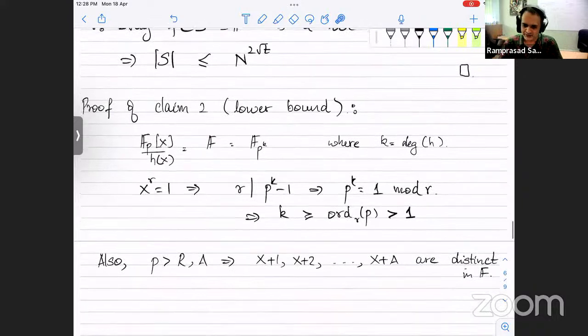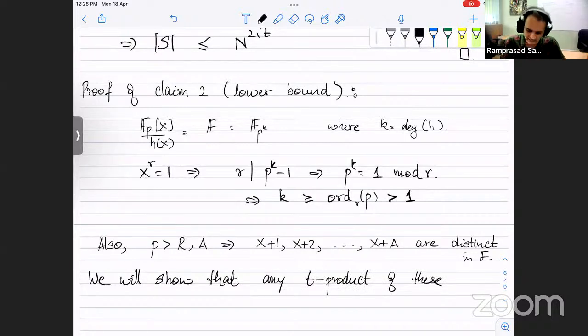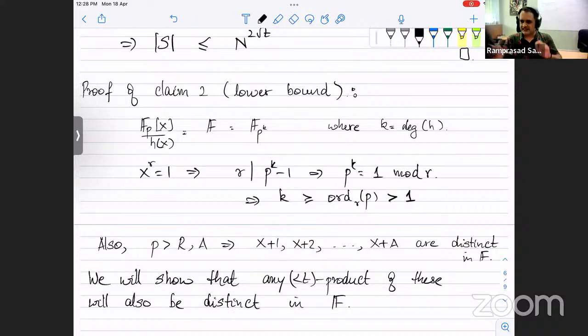So we will show that any product of fewer than t of these will also be distinct in F. That is, as long as you're taking a product of fewer than t of them, I claim they will all be distinct elements as well.